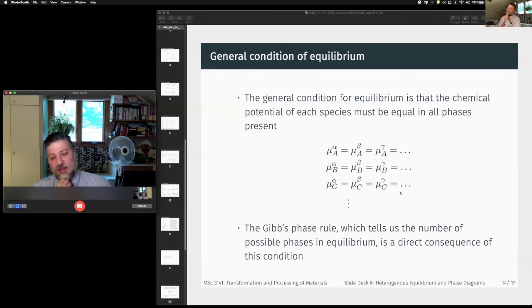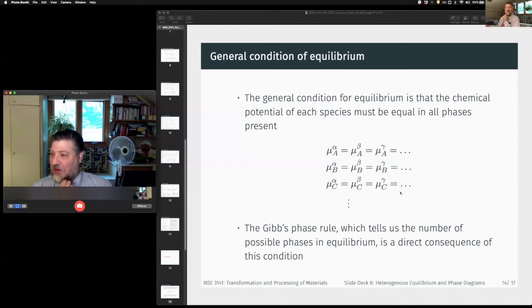And that is, if I have two components, how many phases, distinct phases, can I have that are in equilibrium? Is it possible for me to have 4 phases?